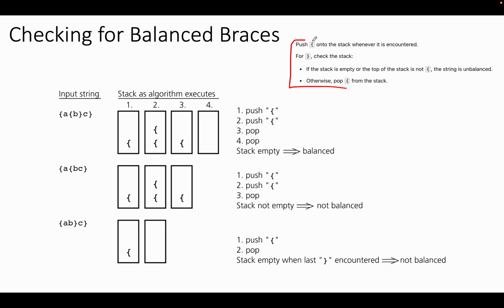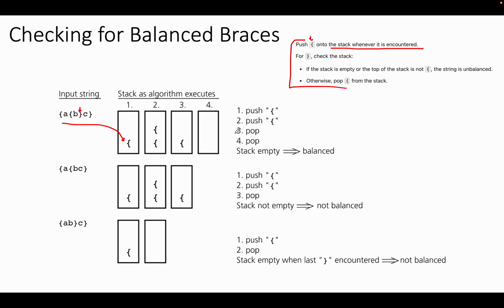Okay, let me call this one open and this one closed. When we see an open bracket, the stack will collect it, like we push it into the stack, and we scan the string until we find the closed one.